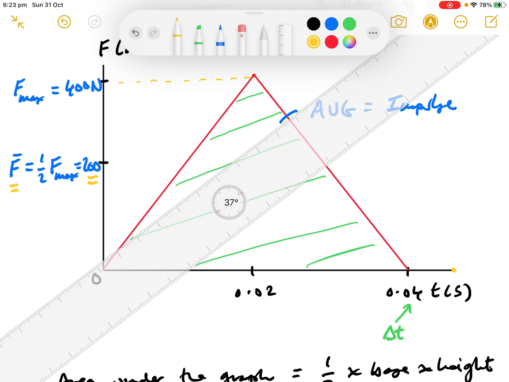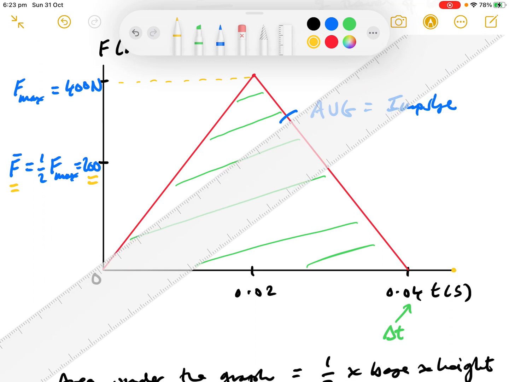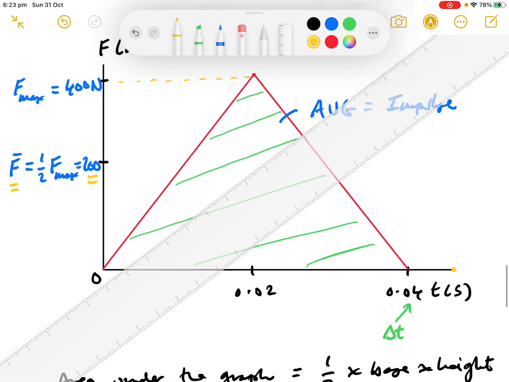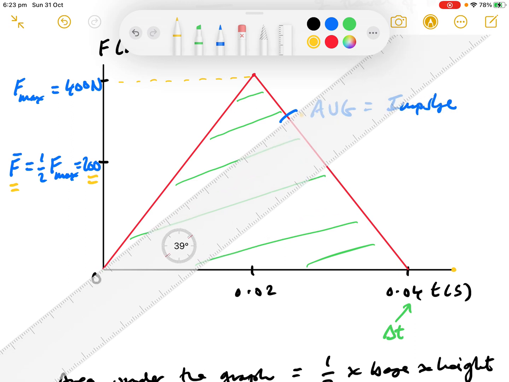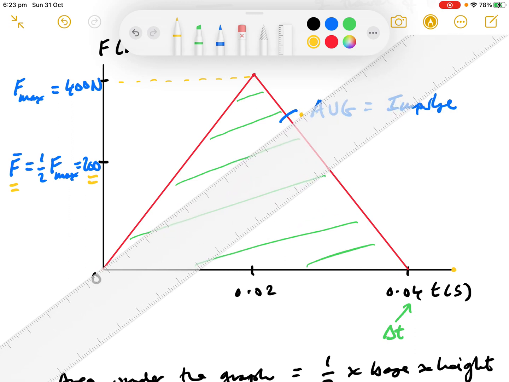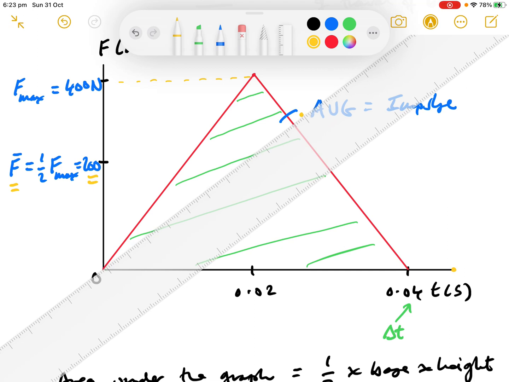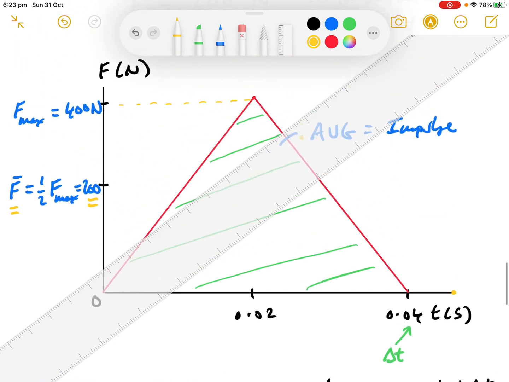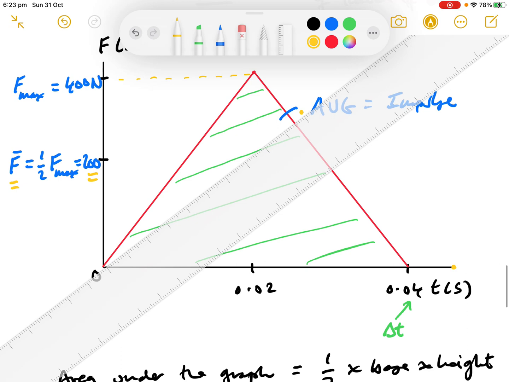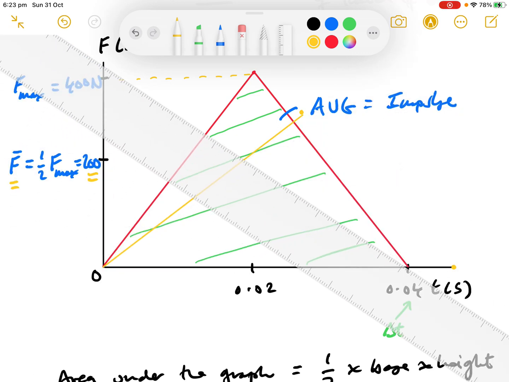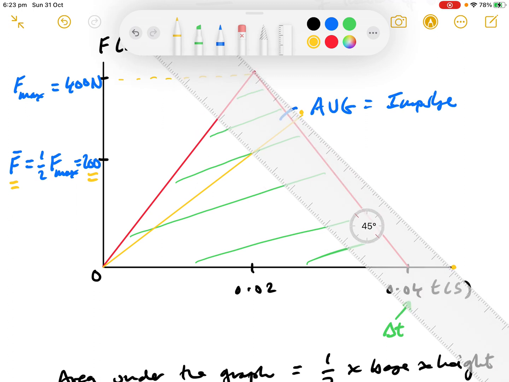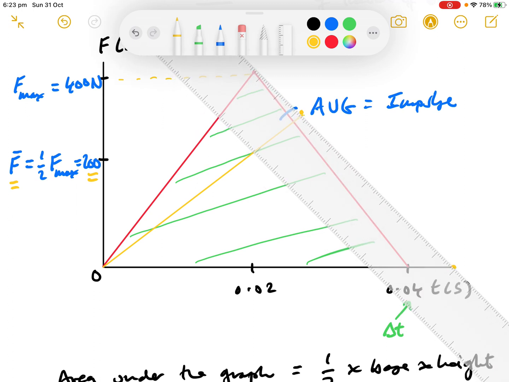So you get a graph like this. There's a longer compression and there's a longer decompression. So the graph would be something like this, where the delta t is bigger and the maximum force experienced is less. So something a wee bit like that.